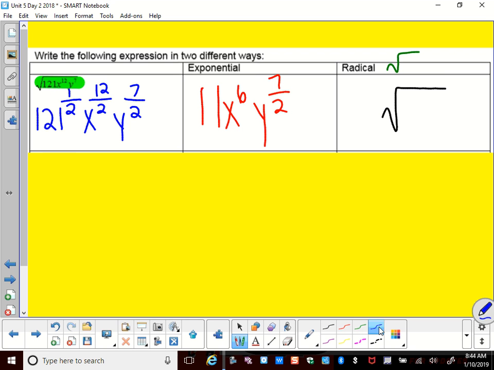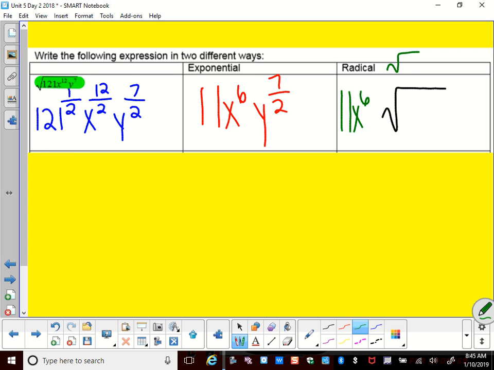And 11 comes out. Okay? Then I have x to the 12th. I need groups of 2. How many groups of 2 are in x to the 12th? X to the 6. I'm doing what we just did today.